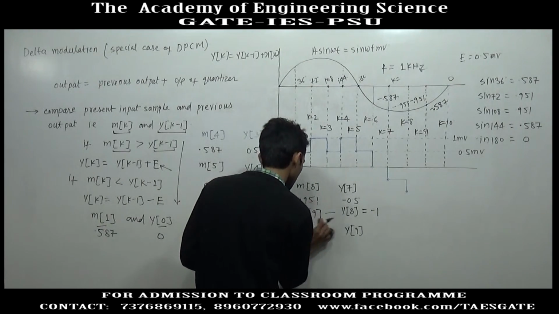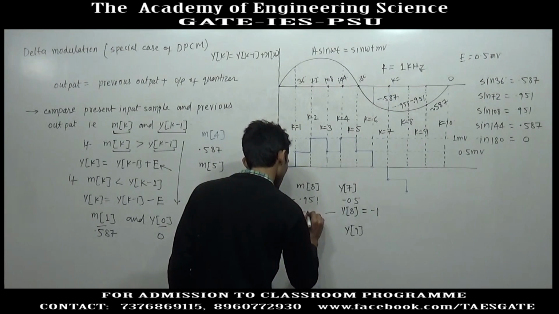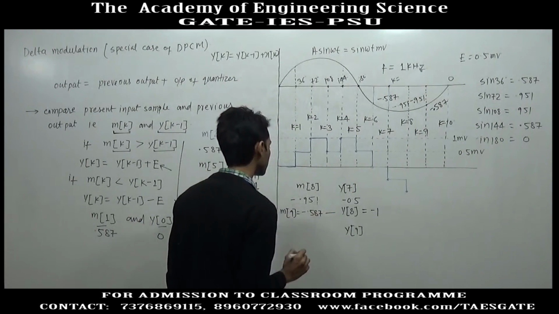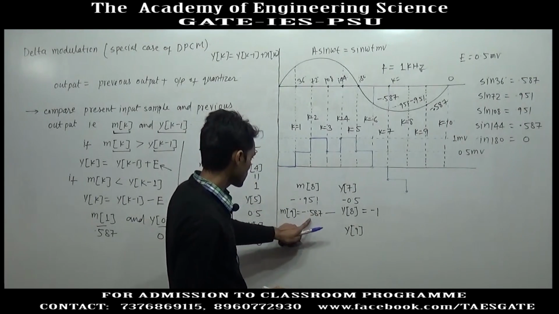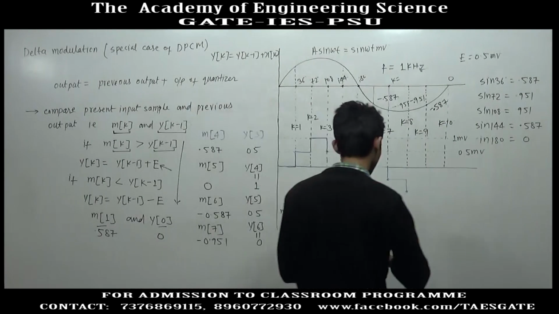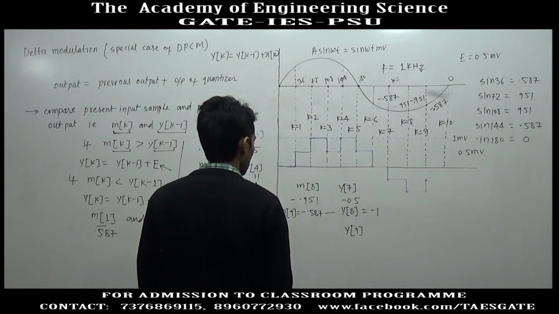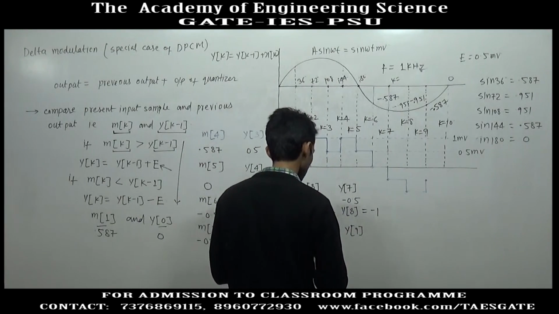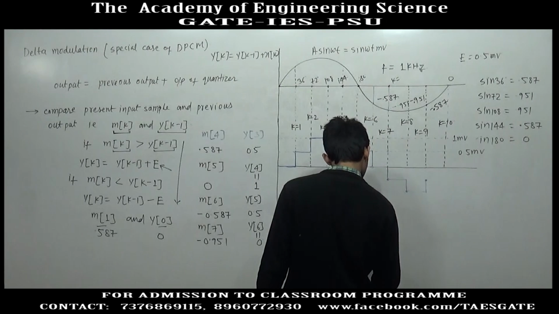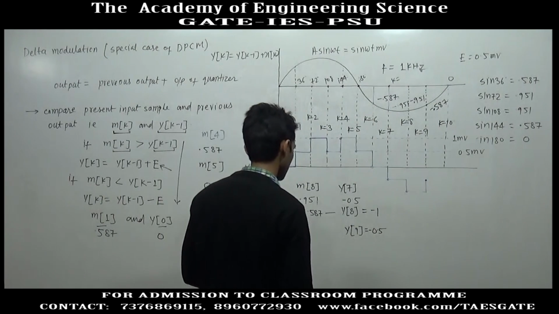So the input is greater than the output, so 0.5 will be added to the output. So Y9 is equal to minus 0.5.